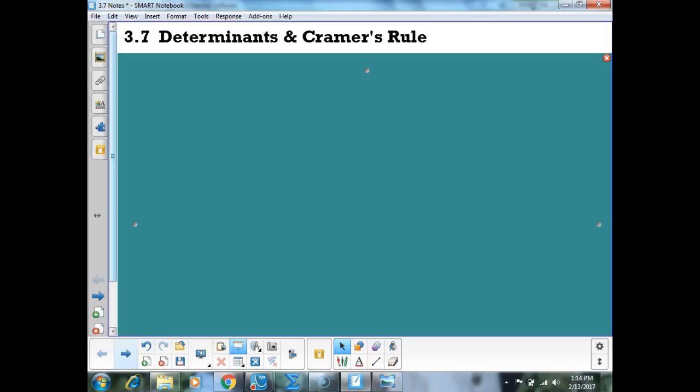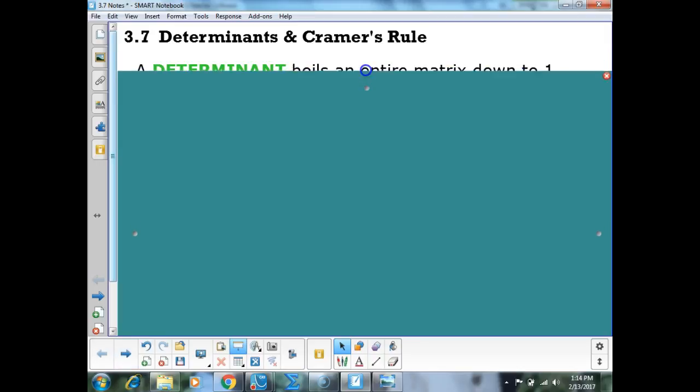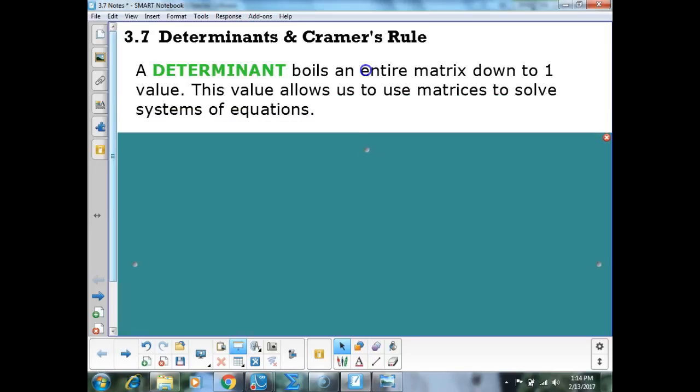Okay. So, a determinant is something that we can find from a matrix. A determinant boils an entire matrix down to one value.